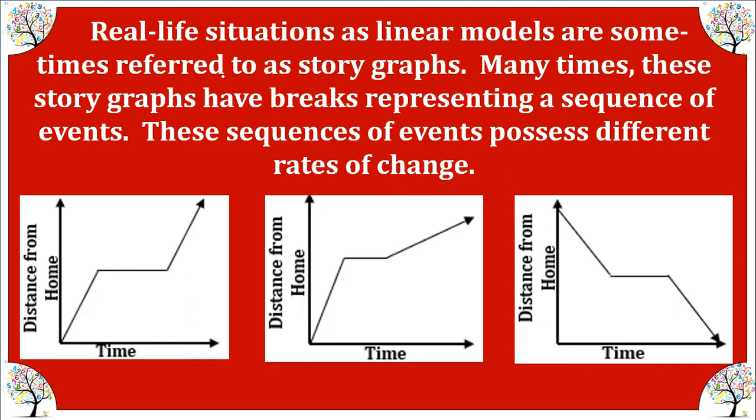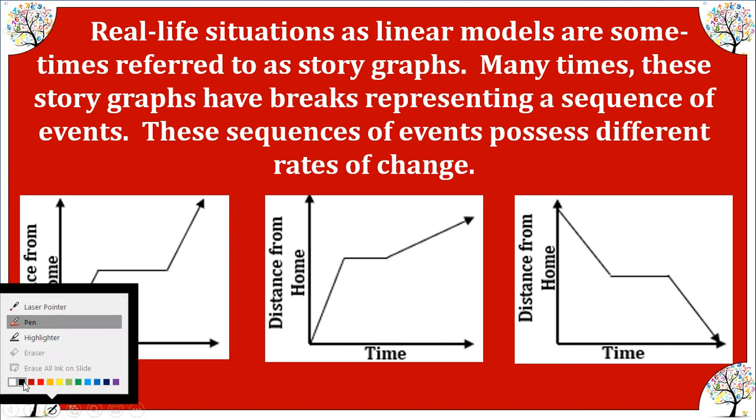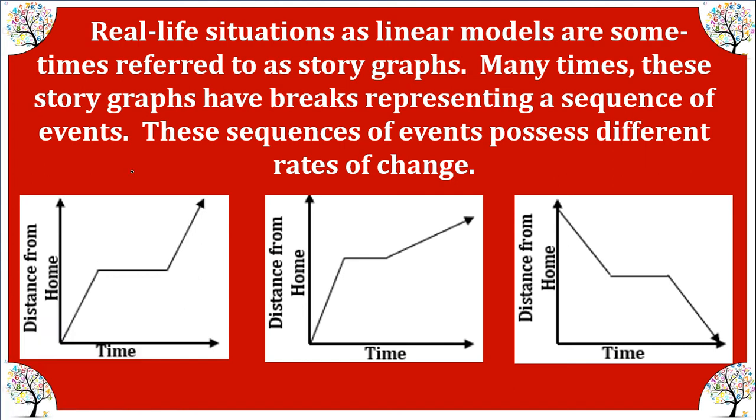So here we're going to have real life situations, and let's look at these first examples. Example number one. You can see that we have 1, 2, 3 different intervals in each of these. And so there is a story that's happening.